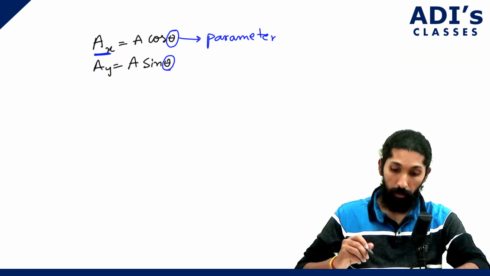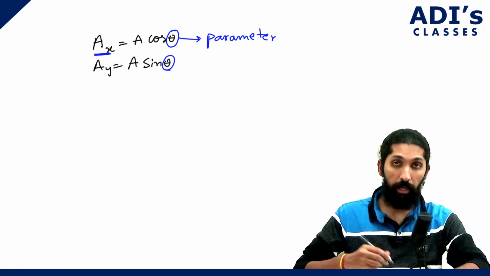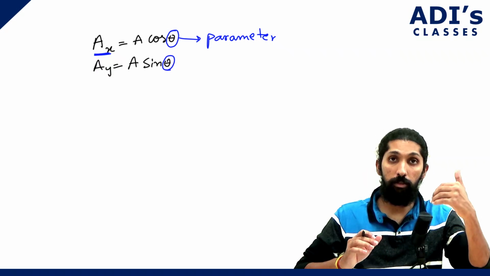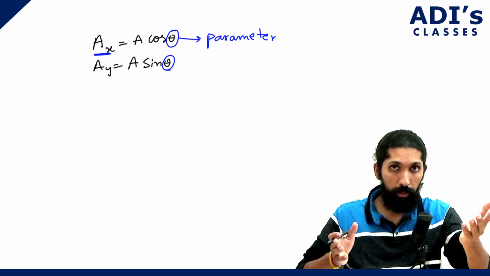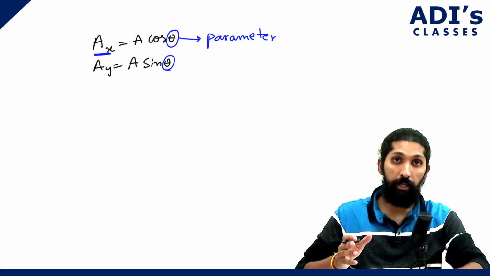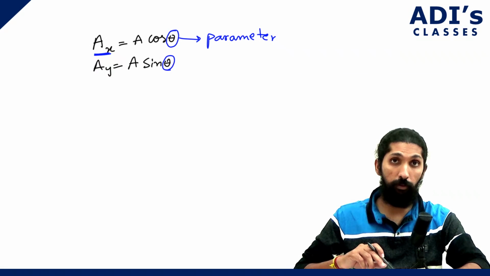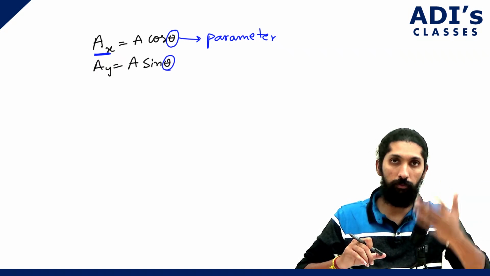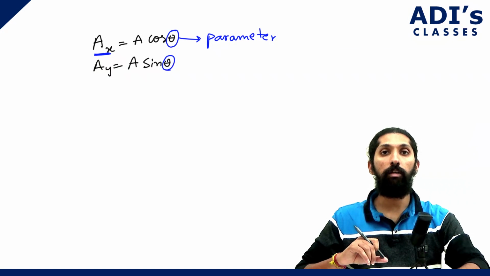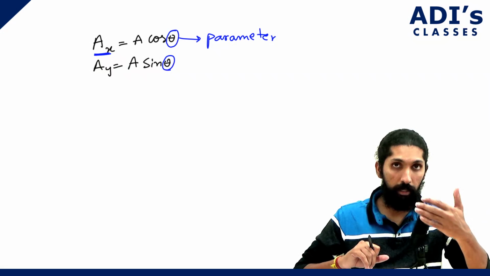So parameter is that variable which defines the function. Make sense? So in this case, for AX or AY, where you resolve a vector into its components, theta becomes the parameter. Now there are different types of functions. Whatever general functions we see are Cartesian coordinate or rectangular functions.